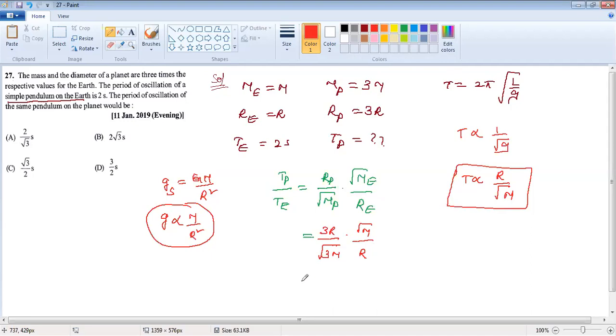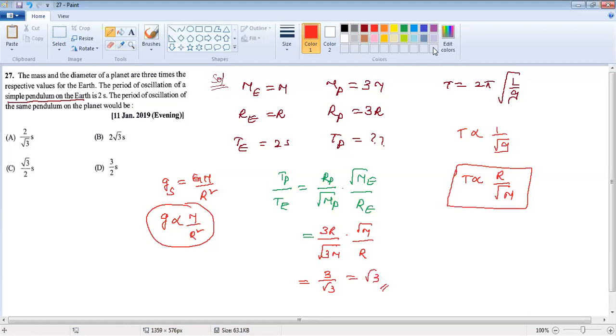Now I cancel root m, and we get 3 by root 3. Now 3 by root 3 is nothing but root 3.